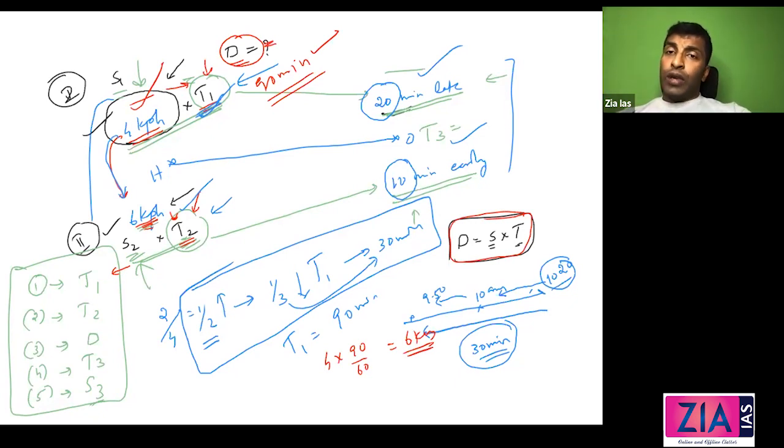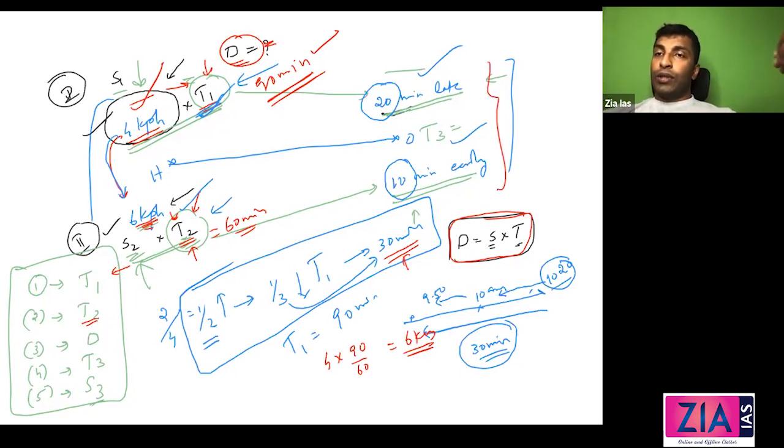If you want, you can find the distance by using T2 also. How can you find that? If this is 90, in the second case, T2 will be 30 minutes less. Right? So T2 will be 60 minutes. Why 30 minutes less? That we can get from here.